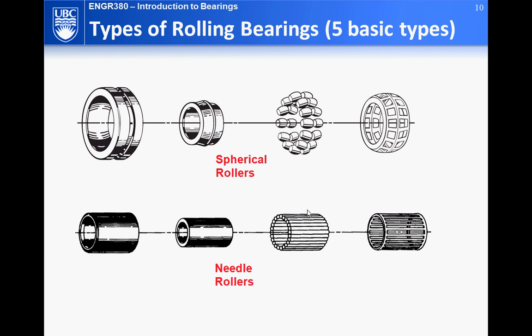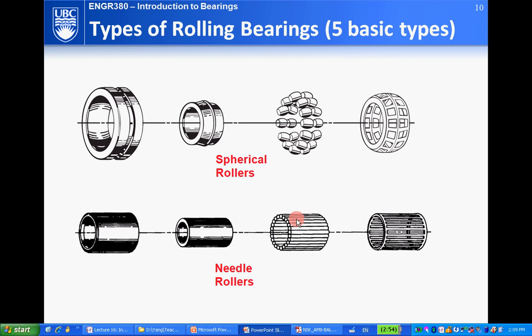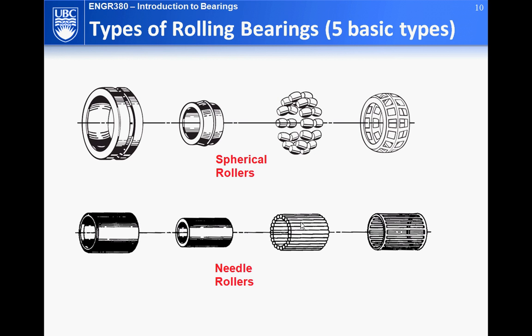The needle roller has a variety of applications, particularly if you have a space restriction and you also need the bearing to take a high radial load. Then you can use this needle roller bearing. So this is the first type of classifying bearings: five basic types.